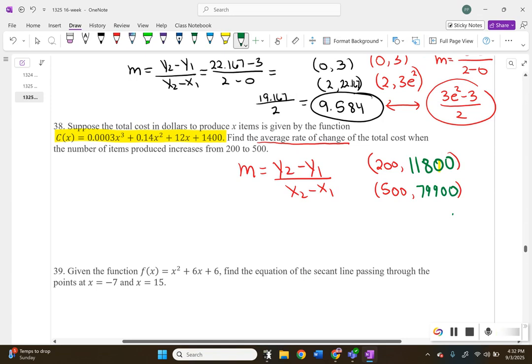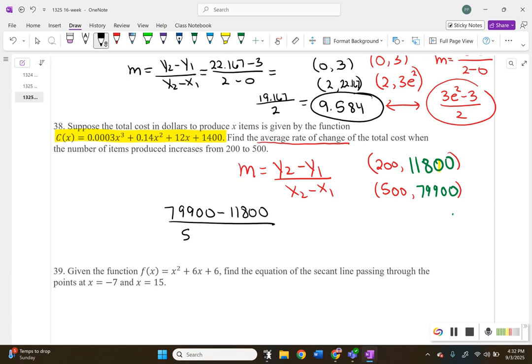So then throwing those into my slope formula, I'll have 79,900 minus 11,800 over 500 minus 200. And again, I can use my calculator here.